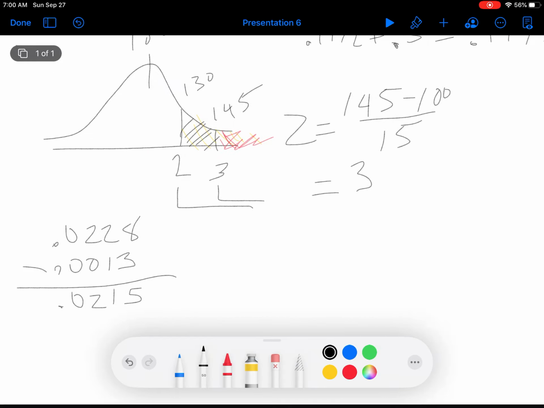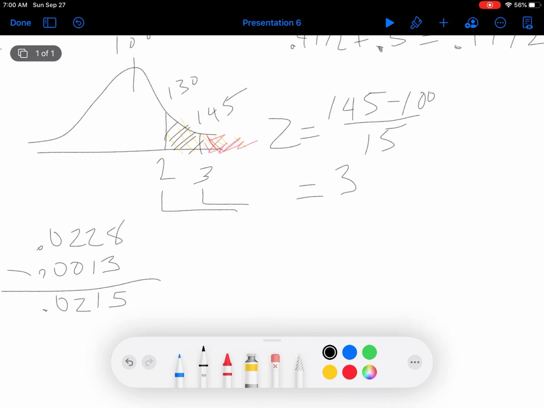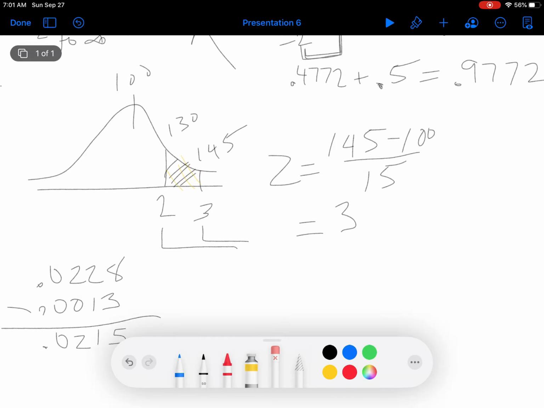The second way to do it is really similar, but we can do the exact same thing going from z to the mean. So let me erase my scribbles here. For this, we've got our mean here, and we can go from 2 to the mean, and we can also go from 3 to the mean.